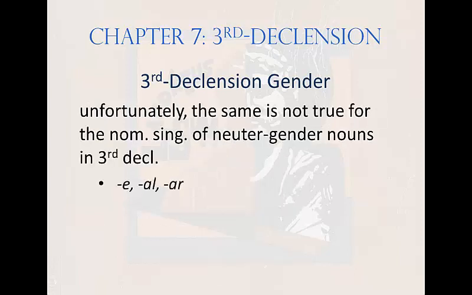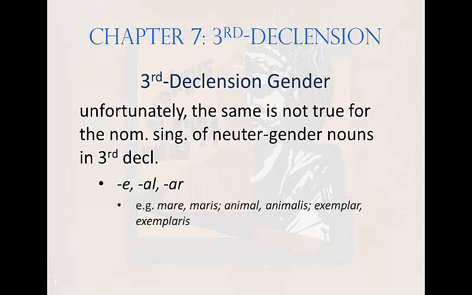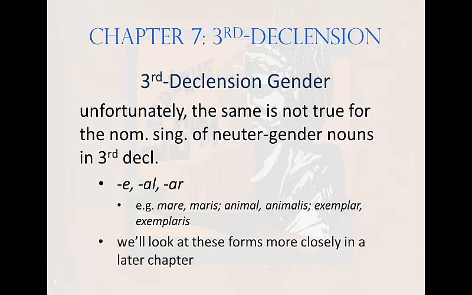Neuter, unfortunately, offers no such helpful patterns, other than nouns which end in their nominative singular -e, -al, or -ar, such as mare, maris, meaning sea, animal, animalis, meaning animal, and exemplar, exemplaris, meaning example, which tend to be neuter. We'll examine these words more fully in later chapters.